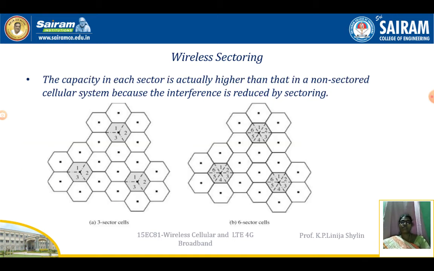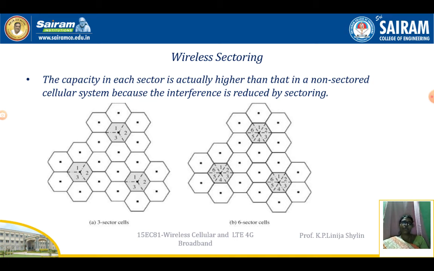Next we will see how sectoring is done in a 3 sector cell as well as a 6 sector cell. Assume 120-degree sectorization is used. We know that in each cell we place an omnidirectional antenna.